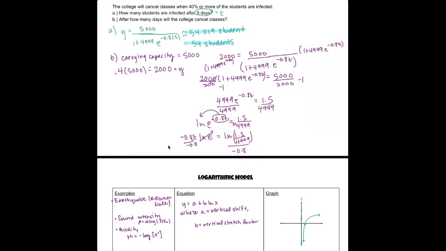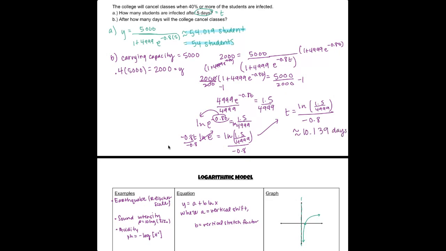T is equal to ln of 1.5 over 4,999 over negative 0.8, which is about 10.139 days.